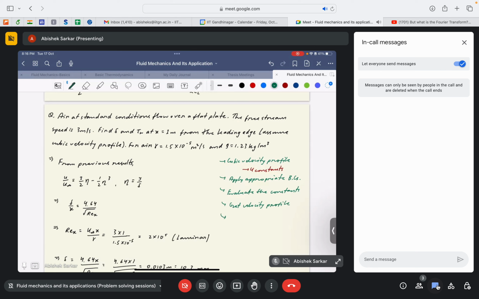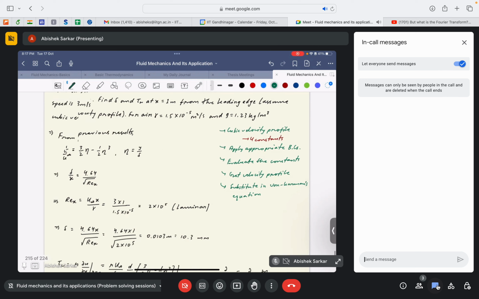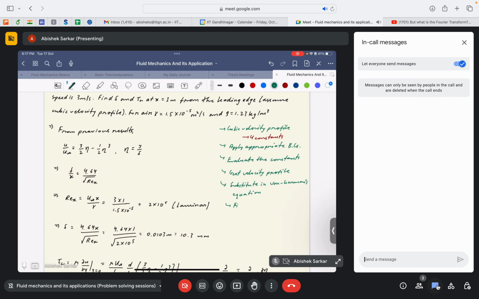Once we get that, substitute in von Karman's equation. Find delta, then find tau wall, and then consequently CD and CFx. So this is the algorithm they need to follow.